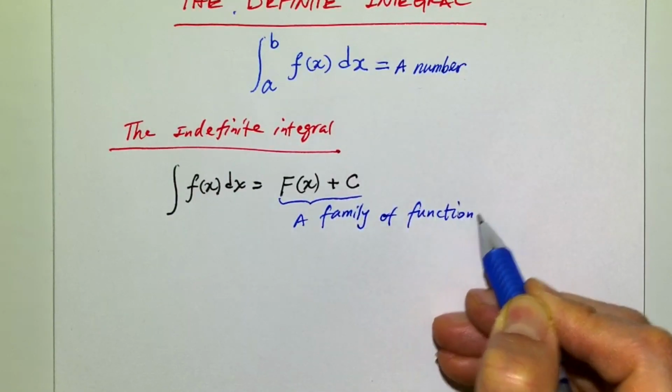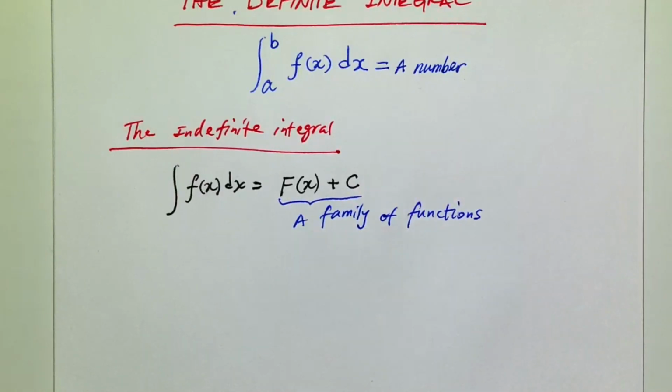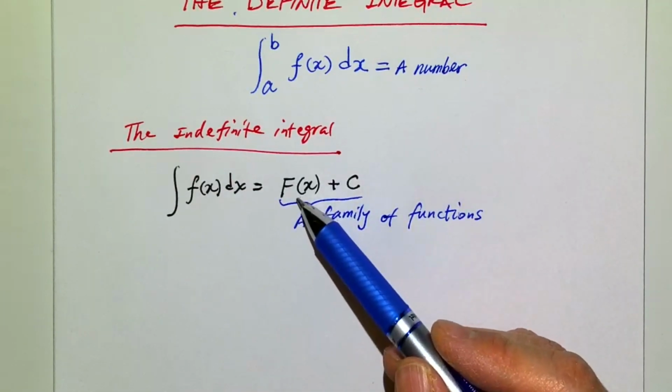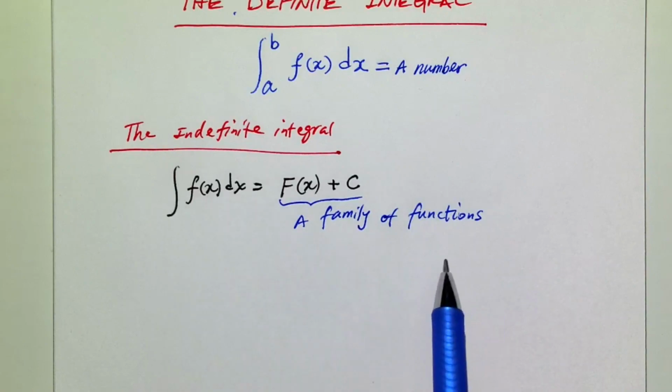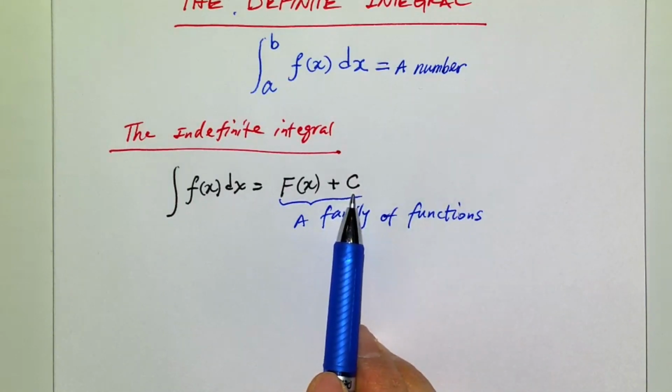That's a huge difference, right, comparing the two. Now you might say, well, how do we have a family of functions if whatever function, it's going to give us the same antiderivative? Where is this family of functions? Well, each member of the family is distinguished from one another by the value of this constant.